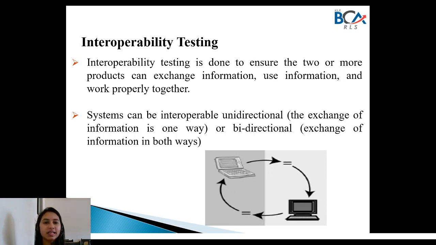Systems can be interoperable in a unidirectional way, where the exchange of information is one way, or bidirectional, where the exchange of information is done both ways, like client-server. From the client, the request goes to the server and the server responds back to the client. This is bidirectional.